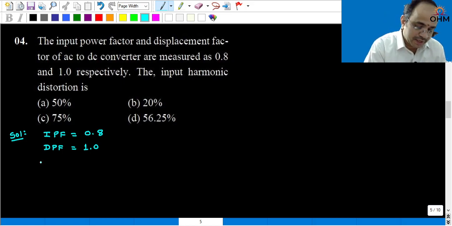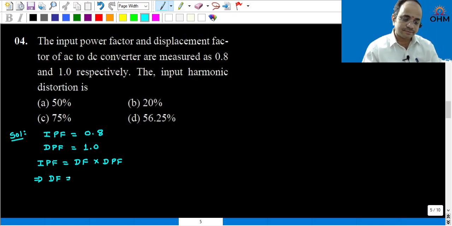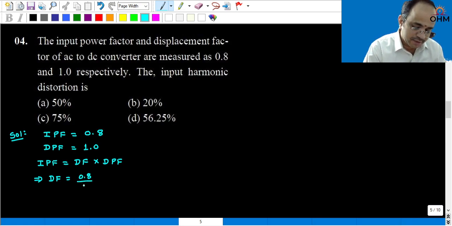So we know the relationship between IPF and DPF. IPF is equal to distortion factor multiplied with displacement power factor. Therefore, what is the distortion factor here? 0.8 divided by 1.